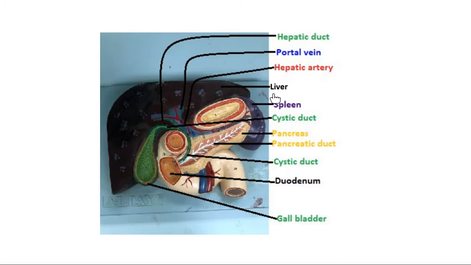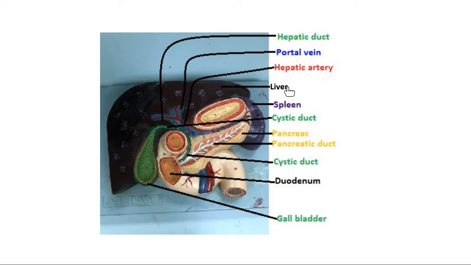And then if it is the liver, identify the structure. You will identify the liver. How the liver is divided by the falciform ligament, all the three ligaments you should remember.